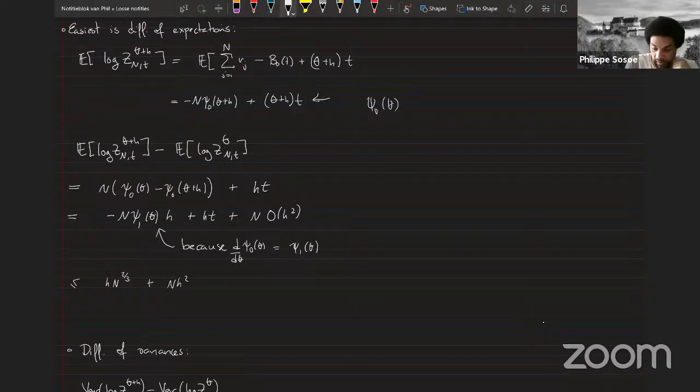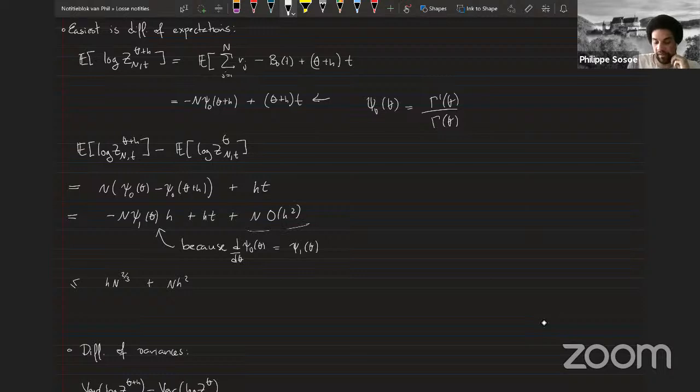Let me remind you here that psi 0 of theta was this digamma function, the logarithmic derivative of the gamma function. So if we look at the difference of two of these expectations, where theta is replaced by theta plus h, we can Taylor expand psi 0(theta) minus psi 0(theta plus h), and that brings in this function psi 1, I think it's the trigamma function, the derivative of the logarithmic derivative.